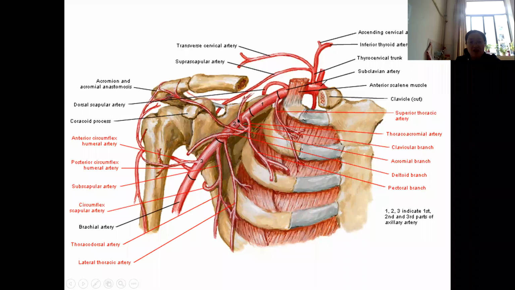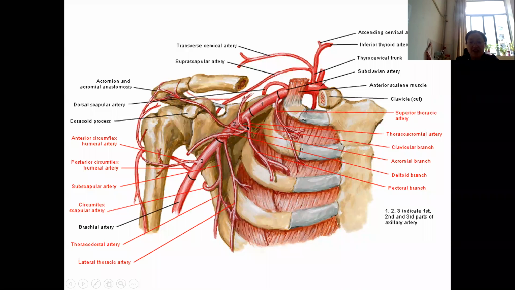The second segment is covered by the pectoralis minor. Just at the point above the superior margin of the pectoralis minor, it gives off this one, the thoracoacromial artery.